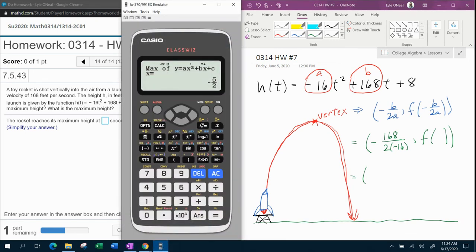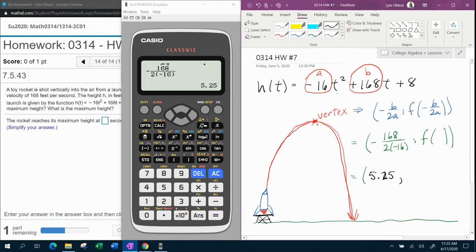All right, so now let's do a little calculation. Using our handy dandy calculator, we're going to do negative fraction 168 over 2 times negative 16, and we get 21/4, which I'm going to go ahead and make a decimal. 5.25. And that is the x coordinate of the vertex.